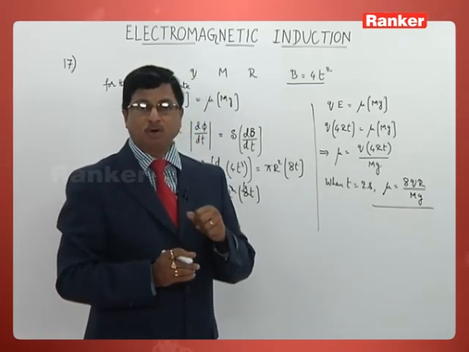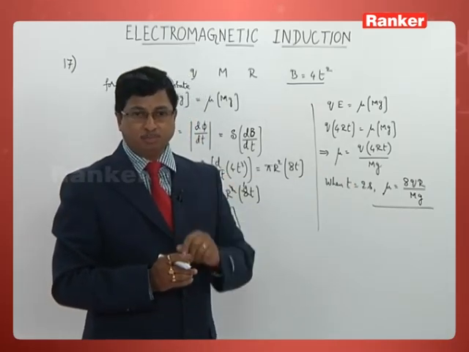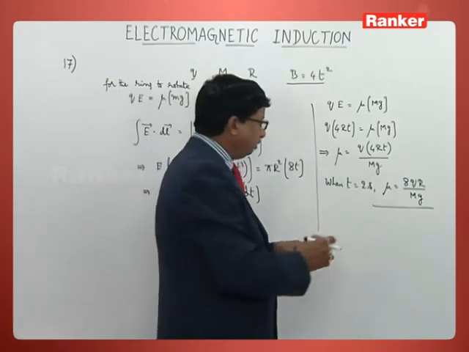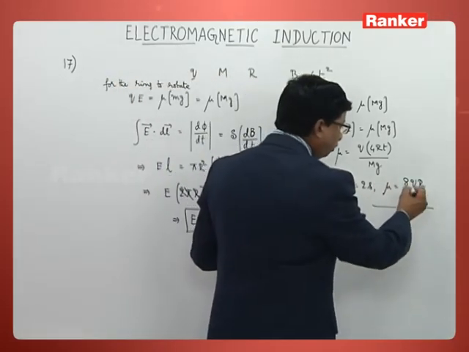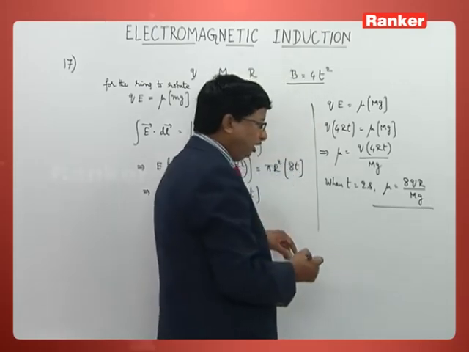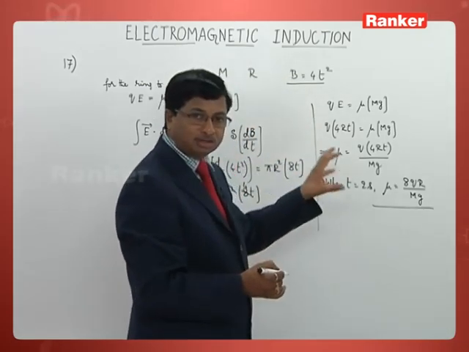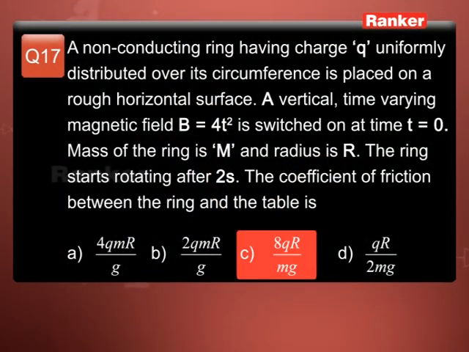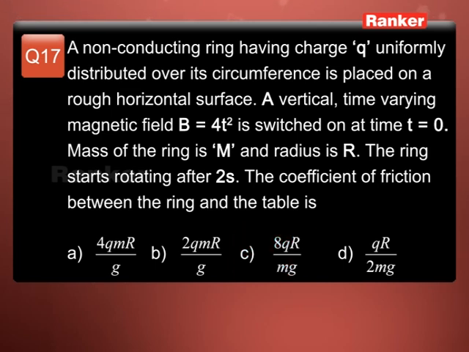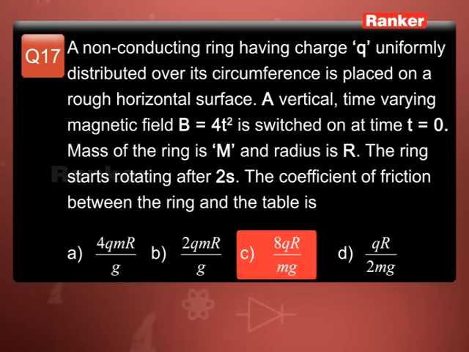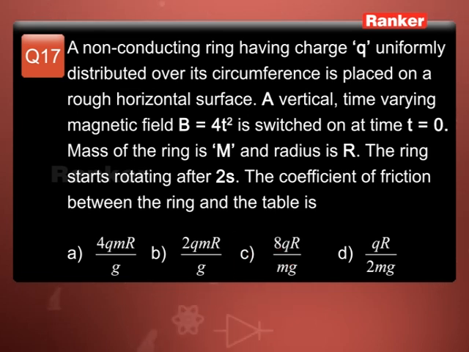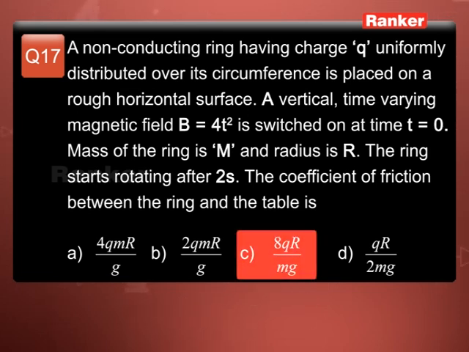It is of course qr by 2mg. So what is the correct option here? Mu is equal to 8qr by mg. That is the concept, which is given as the third option over here. Therefore, the answer for this particular problem becomes C.